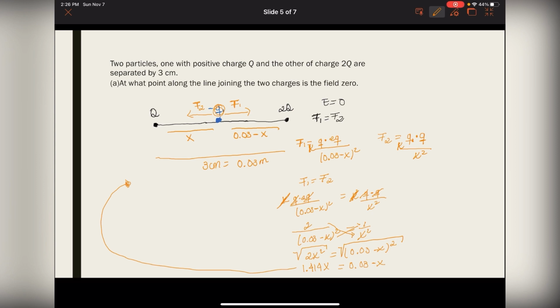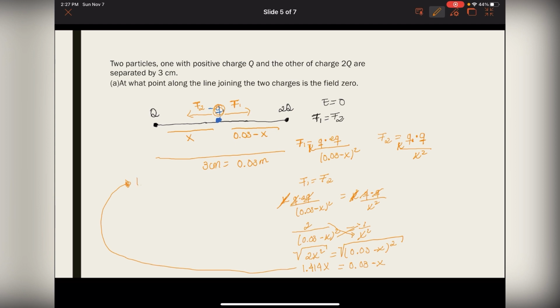Let me just make sure that the square root of 2 is right. Yes, it's right.